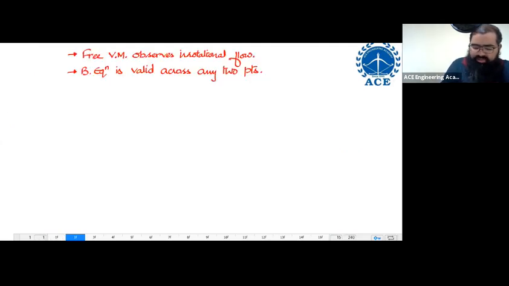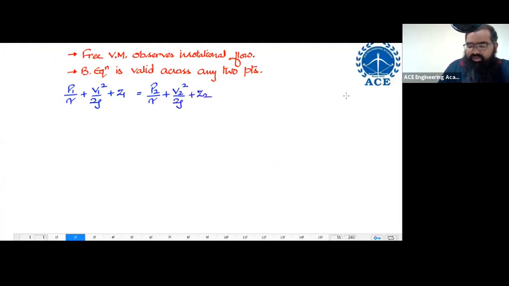So I can say P1 by gamma plus V1 square by 2g plus Z1 has to be equal to P2 by gamma plus V2 square by 2g plus Z2. This is what I can write in the case of free vortex motion. So 3 points you have to remember regarding free vortex motion.